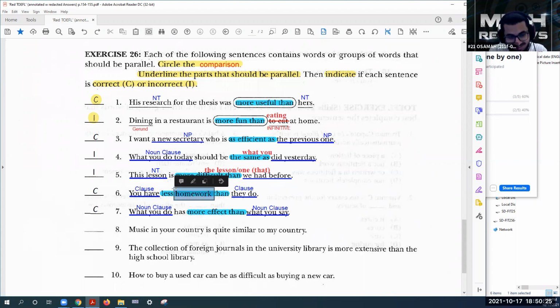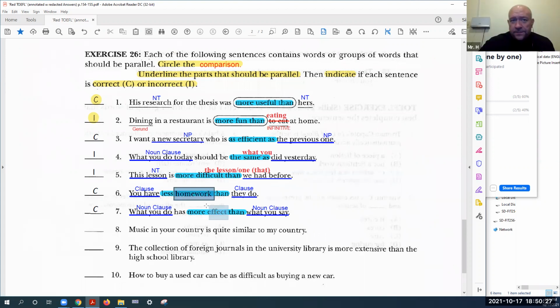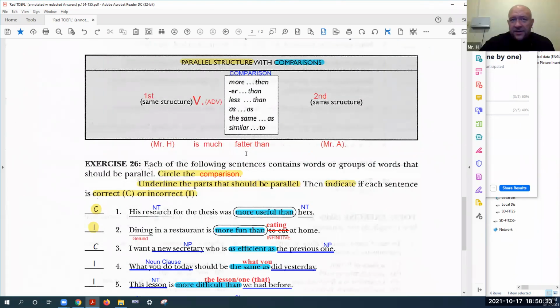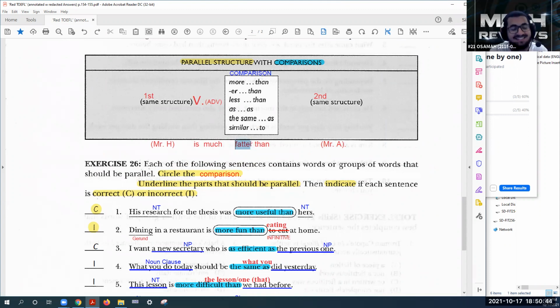It's a noun, right? Yes. What about effect? Noun. Okay. What about this? Fatter. It's a comparison. Yeah, but what is it? Is it a noun? Fat. Adjective. Yes. This is an adjective.